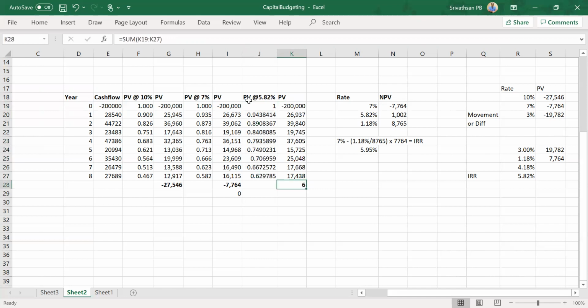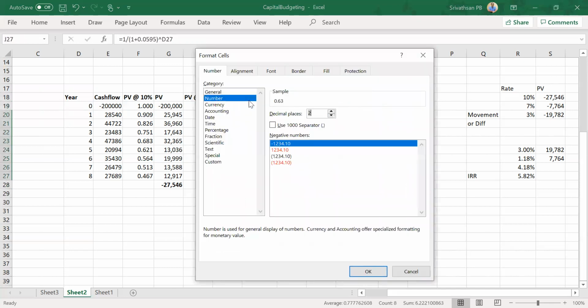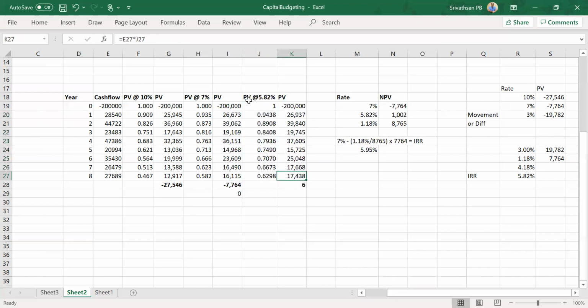Again, manually calculating IRR is just an approximation. You cannot expect the exact number in your exam. So if you come up to this 6 rupees, that's excellent. So your final number is 5.95%.